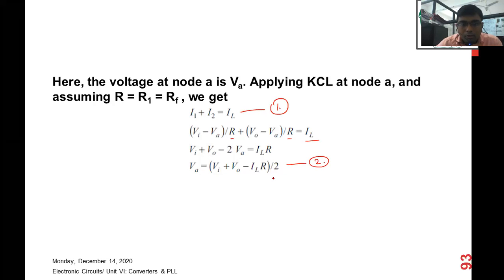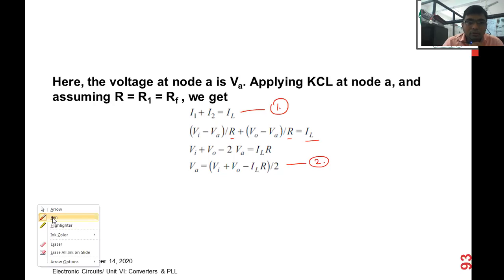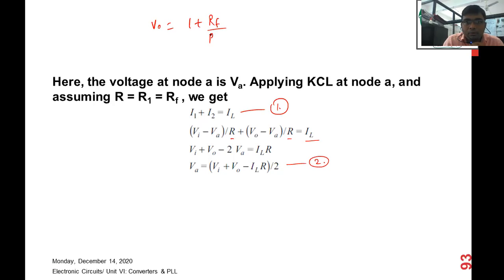Now, as we know that the input voltage is connected to the non-inverting terminal, that means it is a non-inverting configuration, and we know that for the non-inverting configuration, the gain formula is V0 is equal to 1 plus RF upon R1 into Vi.